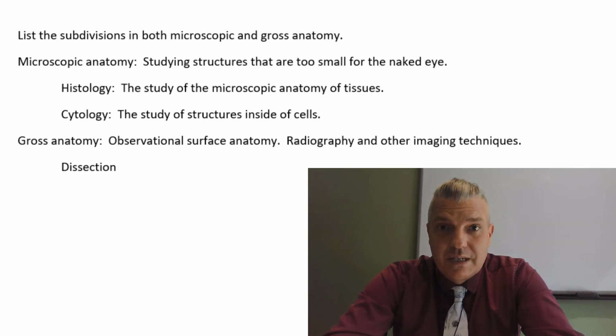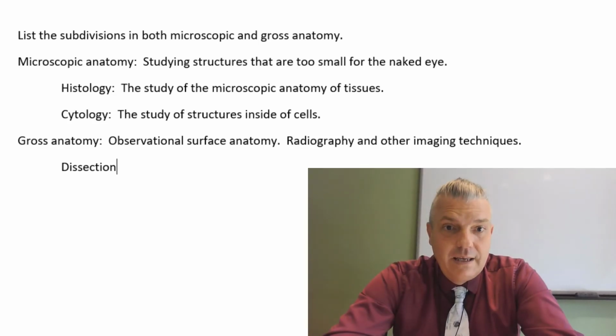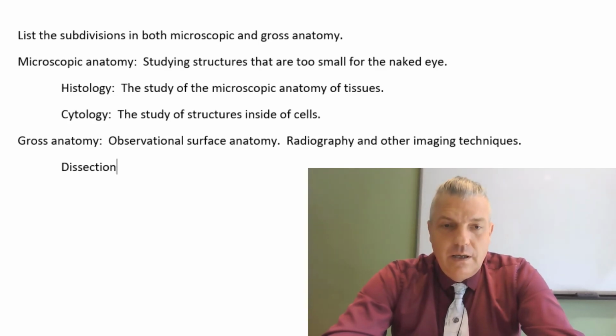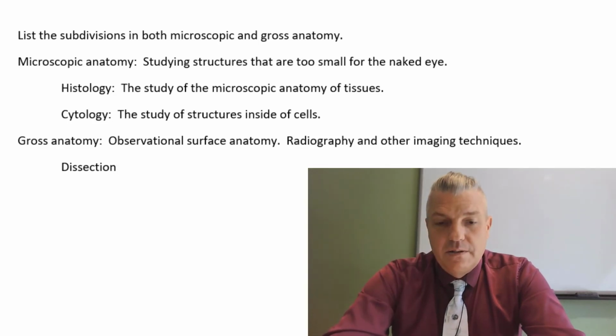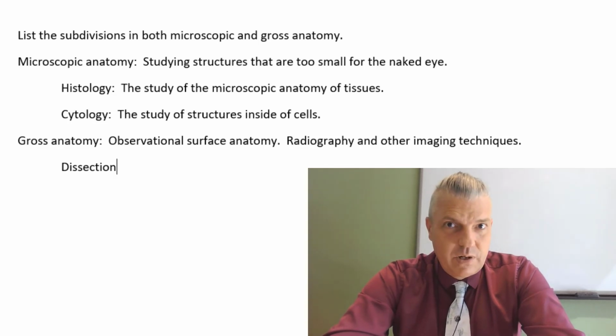Dissection, of course, is using a knife or scalpel to literally open up the body and to examine the parts. That's usually done on a dead person, of course, but some studies are done on living people if they sign up to be part of the study. If they have to have surgery anyway, then the surgeon can take pictures and study the parts that they come across along the way.